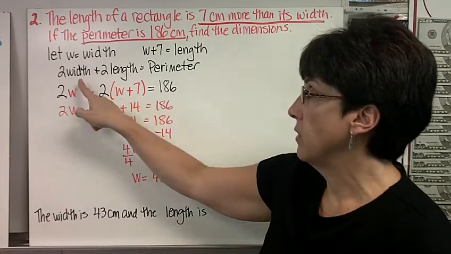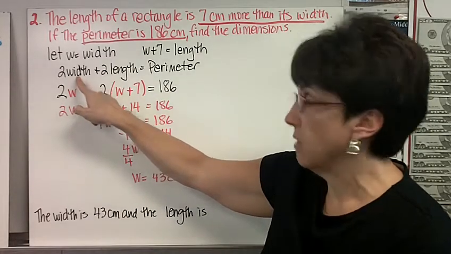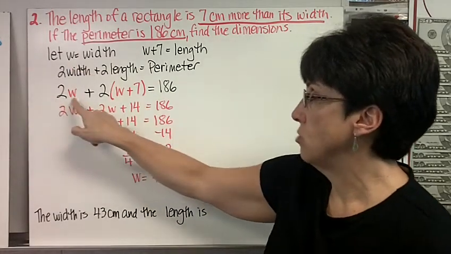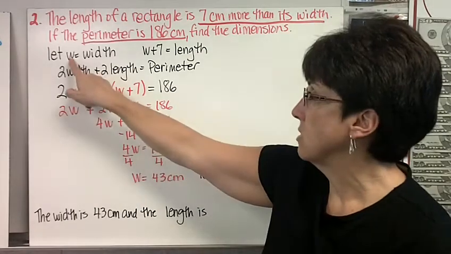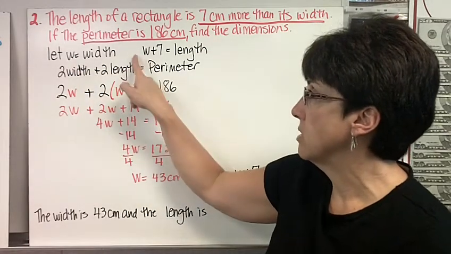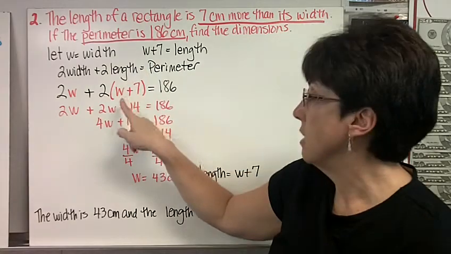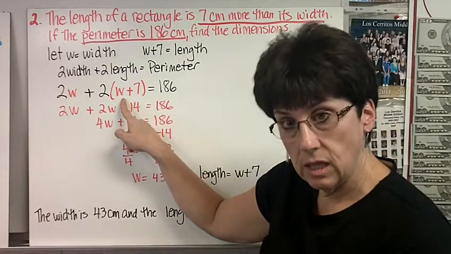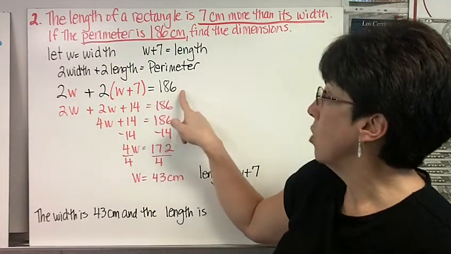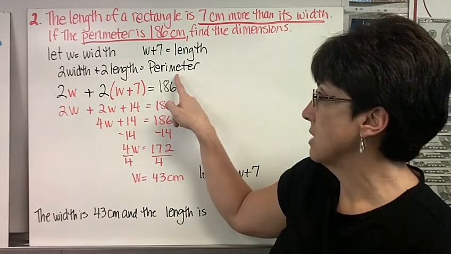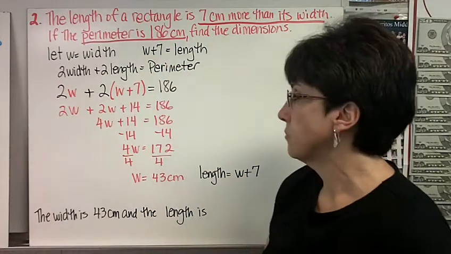Now we go and fill in our width and length variables. So 2 times W, because that's the width, plus 2 times W plus 7, because that's what we said the length is going to be, equals 186, because that's the perimeter and that comes from our problem.